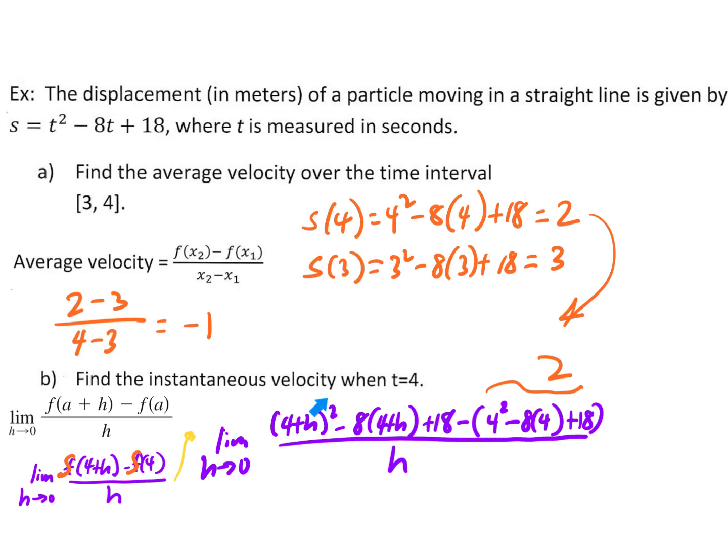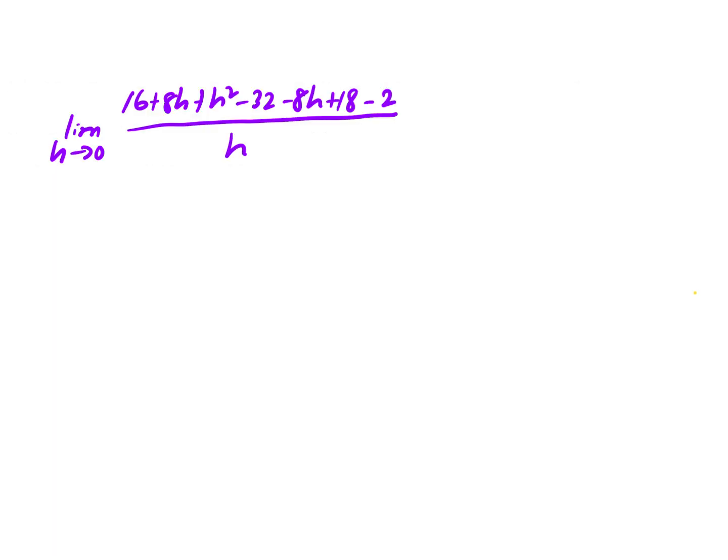This is the Batman meme that you should be familiar with on my wall. Remember the middle term, multiply them together times 2. So what I end up with here is 16 plus 8h plus h squared. That's how that multiplies out. Don't forget that middle term.